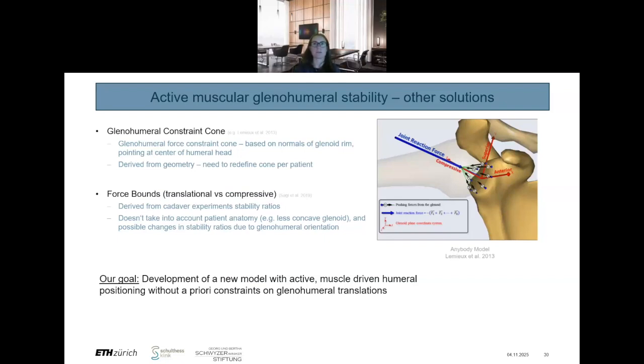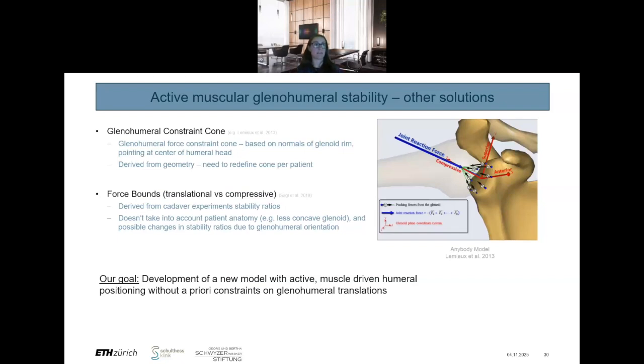Yeah. But there could be the opportunity to run joint-only, without-muscle finite element simulations for that given geometry of the joint for the stability ratios, right? And then just see where the humerus starts accelerating, so essentially subluxing, and then incorporate that back into the muscle-driven model.